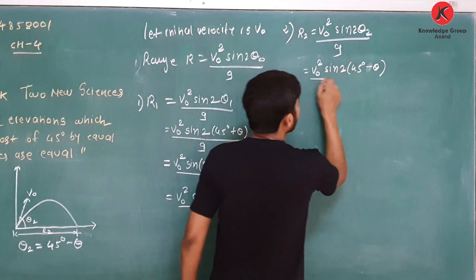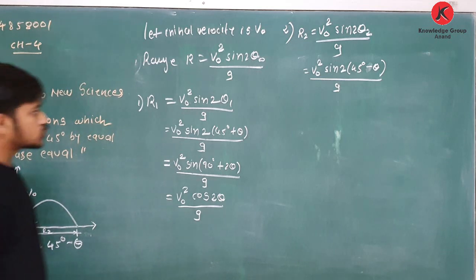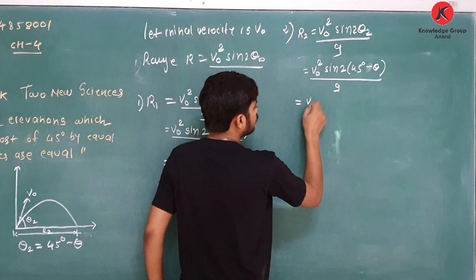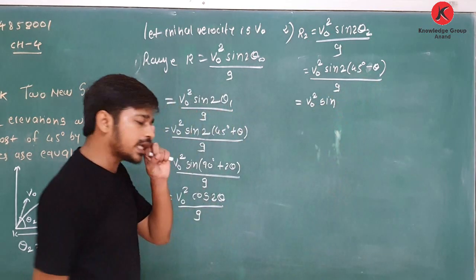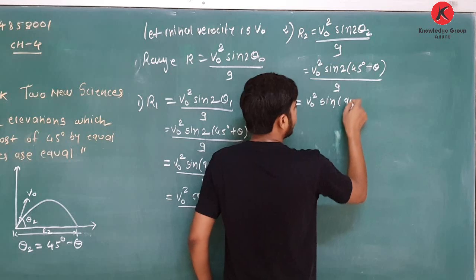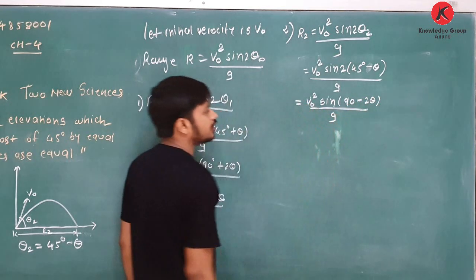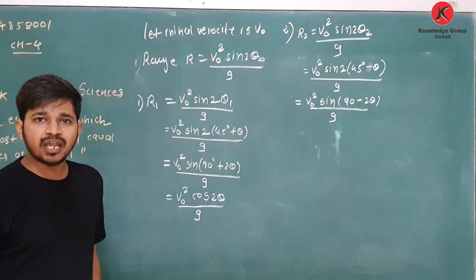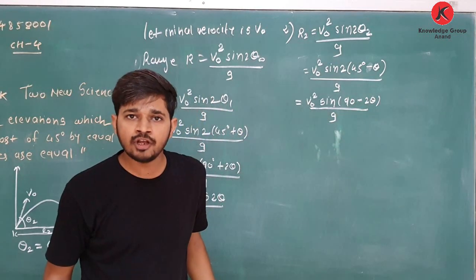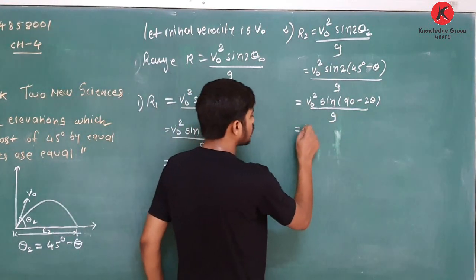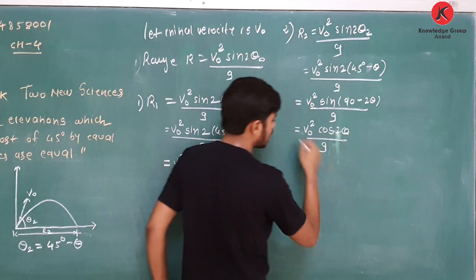So v0 square sine 2 times (45 degrees minus theta) divided by g. If you multiply this 2 into the bracket, you will get 90 minus 2 theta, divided by g. In the last lecture we discussed sine 90 minus theta is cos theta. Yes. Then it is equal to v0 square cos 2 theta divided by g.